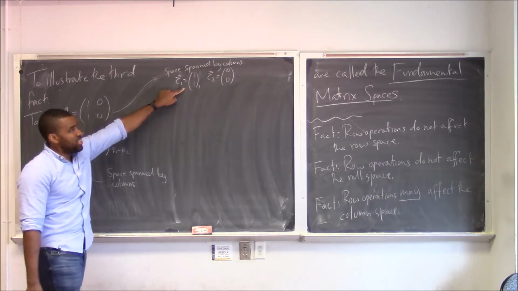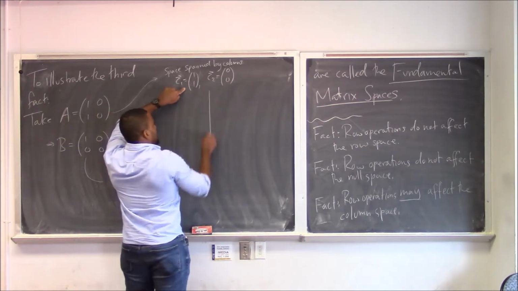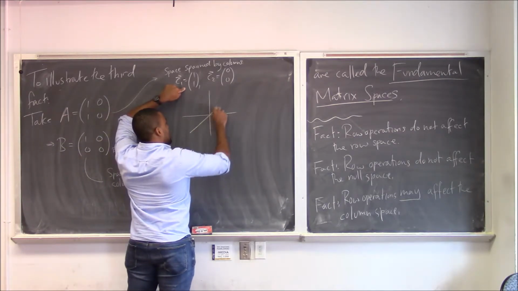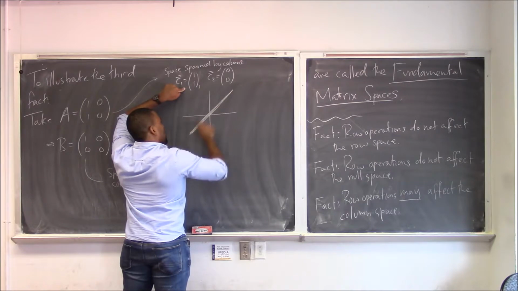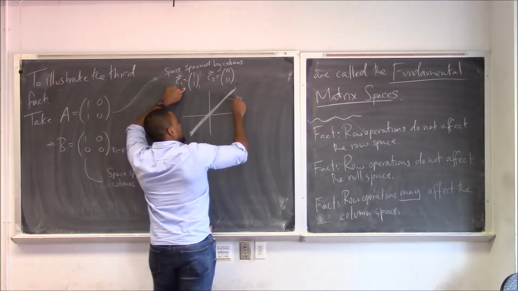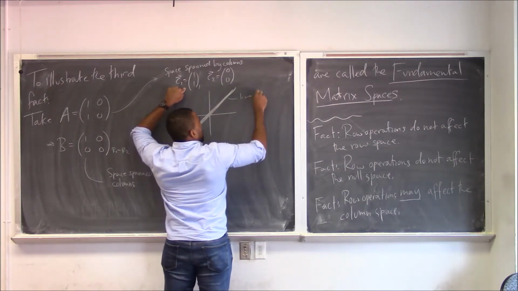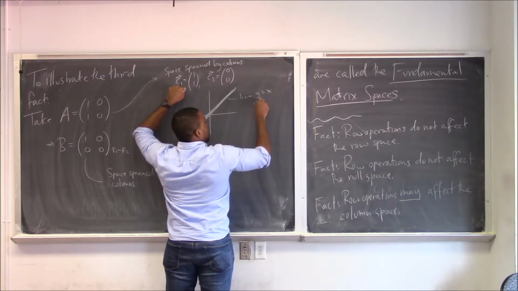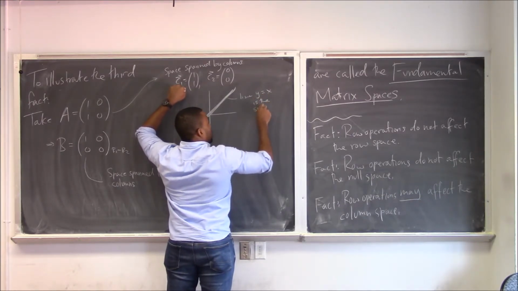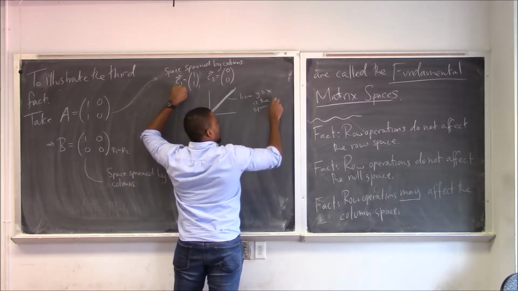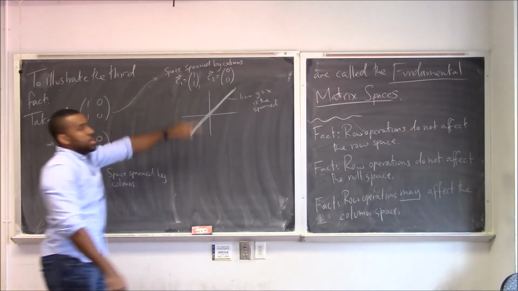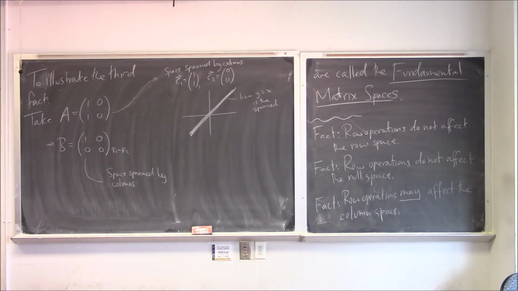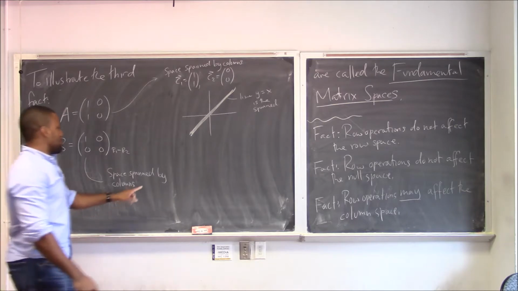So the space spanned by this is just scalars of this guy. So it spans a one-dimensional space in R2, and it is the line y equals x.